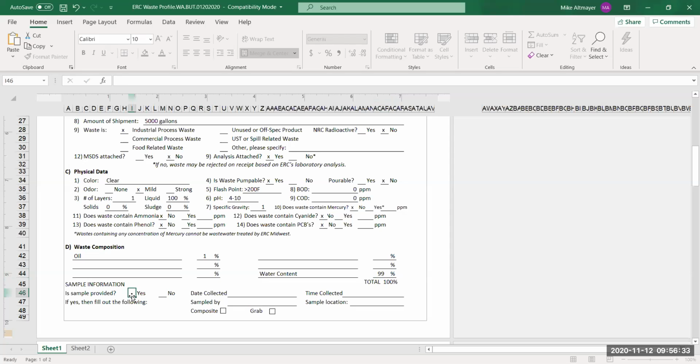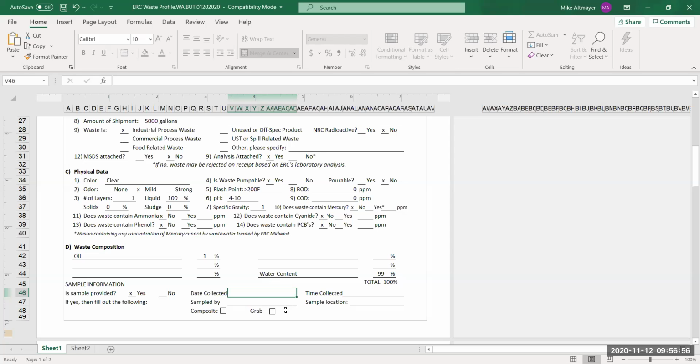Is the sample provided? Yes, because in most cases, like I say, for bulk, we will have a sample ahead of time, and you can put the date collected, time collected, sample by, sample location. Most samples are going to be either a grab or a composite sample. So composite sample means you took multiple samples and put them into one sample container.